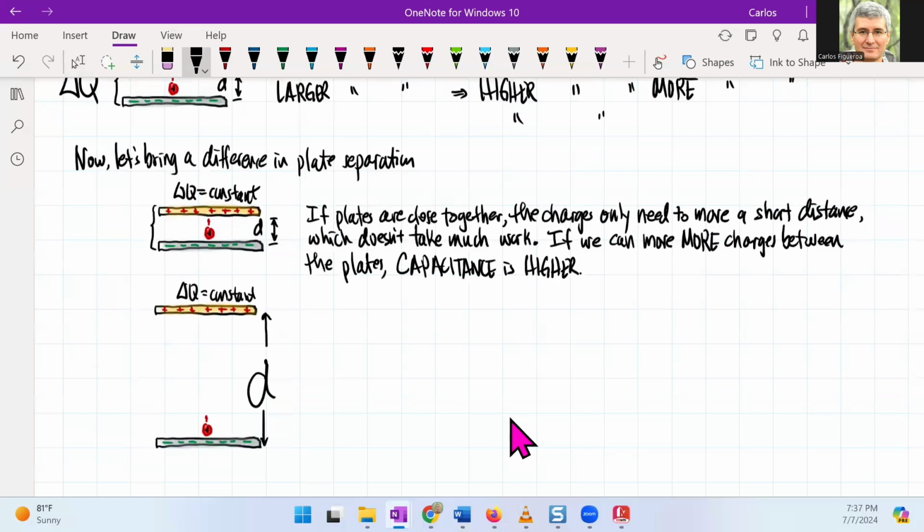If I can move more charge, then the capacitance increases. So in other words, capacitance increases when you decrease plate separation.